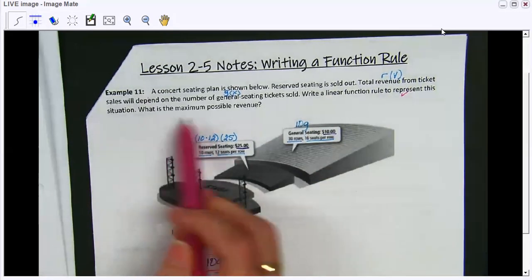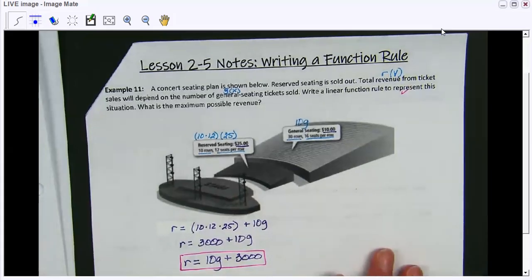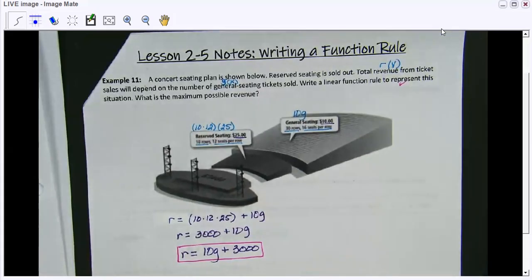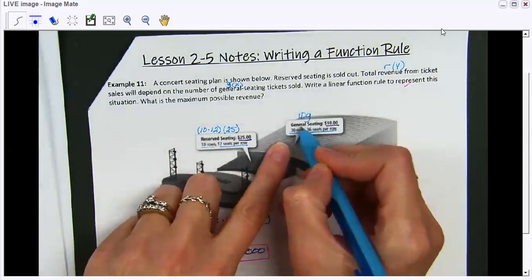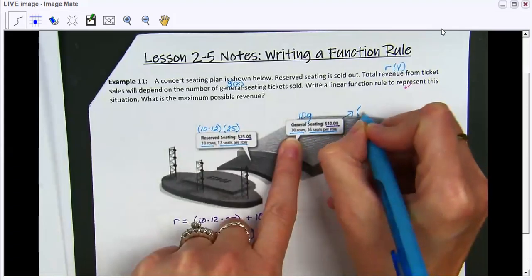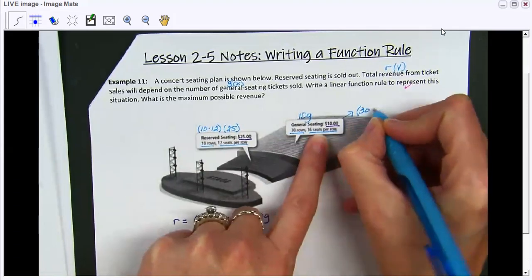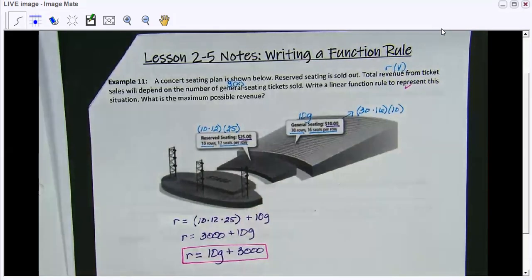But then it says, what is the maximum possible revenue? Well, that would mean that the entire stadium is sold out. So here, if the whole thing were sold out, it would be 30 rows times 16 seats per row times $10 per ticket.